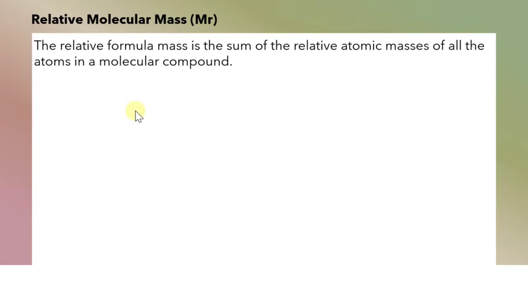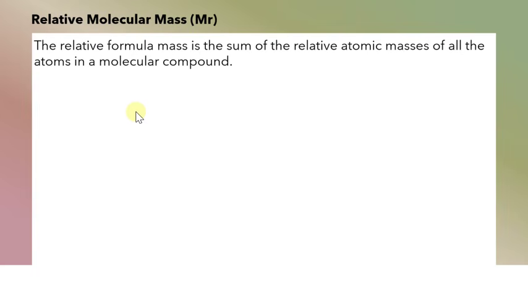So what does it mean? It just means that when you have a covalent compound or a molecular compound, when you sum up the relative atomic masses of the atoms in that, then you get the relative molecular mass.